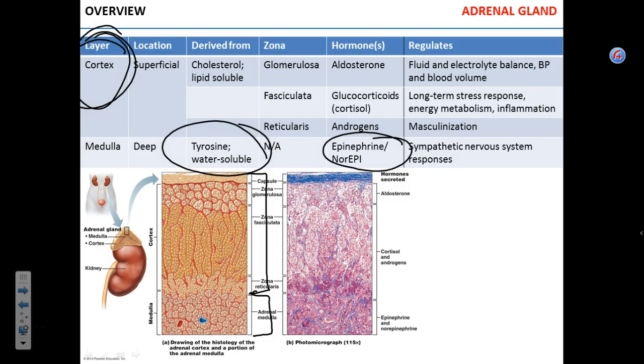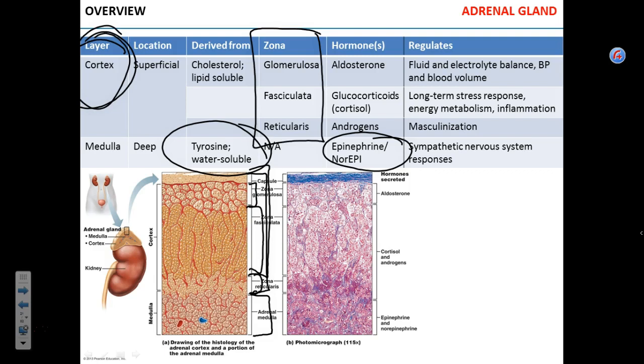As I mentioned, the cortex is superficial. It is divided into 3 zones. You can see the zona glomerulosa, zona fasciculata, and zona reticularis. Each zone, which honestly aren't very anatomically different from the point of observation, produces its own unique set of hormones, which have their own unique set of functions. Hormones of the adrenal cortex are fat-soluble.